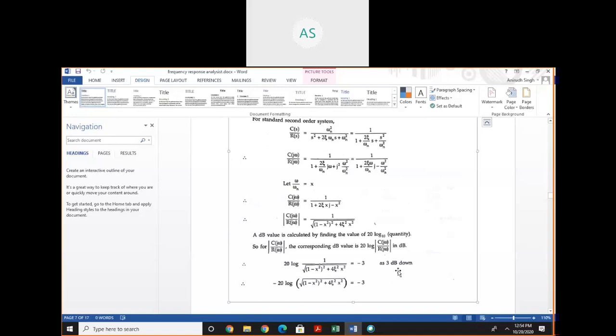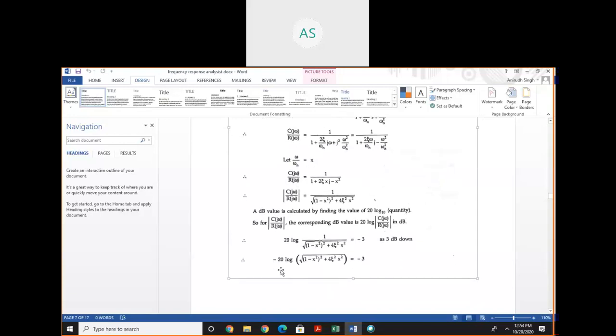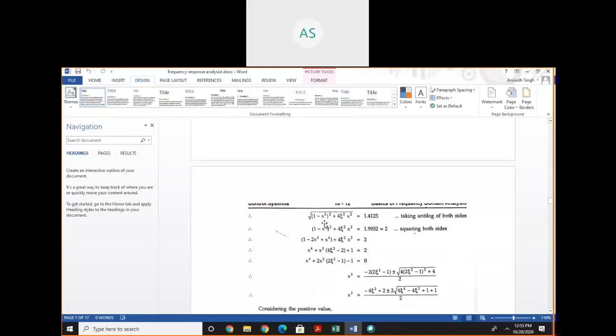Then we take 20 log of this value, so we get 20 log 1 by under root of (1 minus x square) whole square plus 4 zeta square x square, equal to minus 3, as 3 dB down from the zero frequency level or reference level.